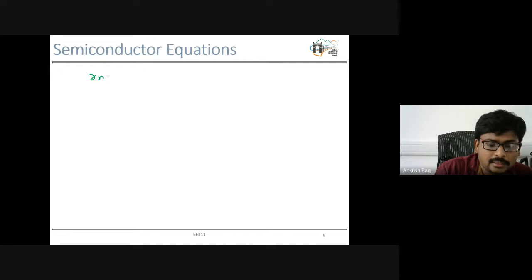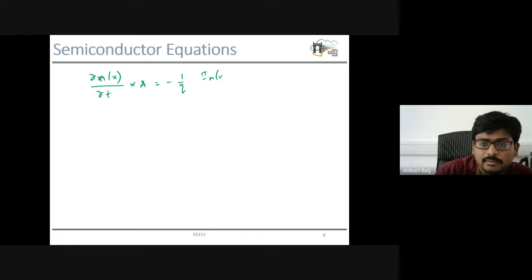So we are just rearranging this previous equation. Del N_x multiplied by area, keep it. Still we have 1 by q, and now we have I_n at x minus I_n at x plus del x, divided by del x.